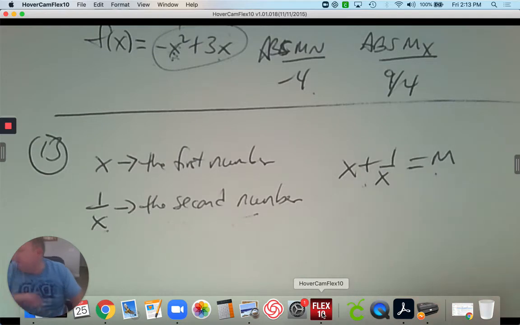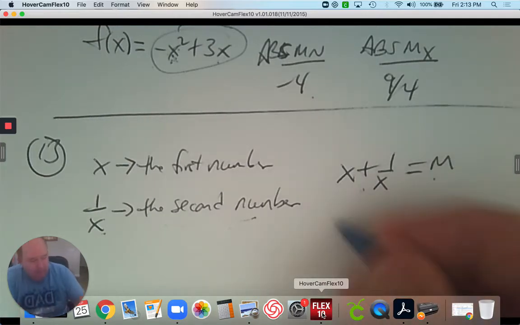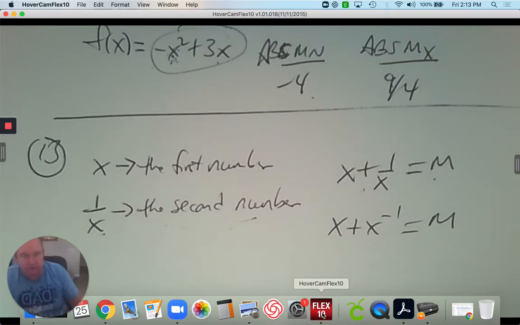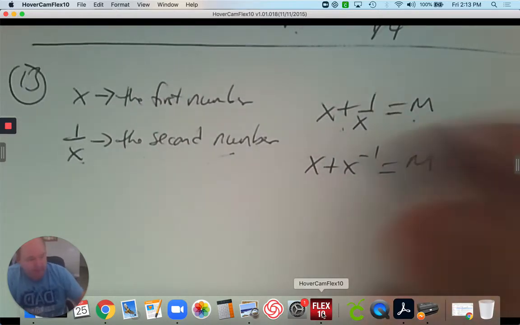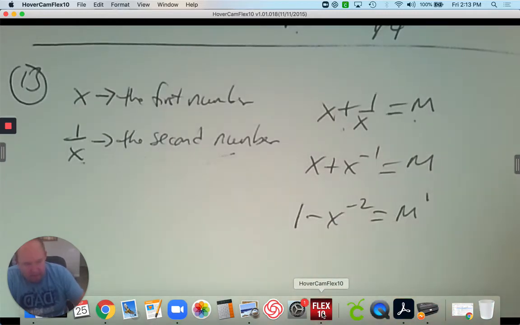And then I'm going to solve that. So I'm going to take the derivative. I'm going to first write it like this before I take the derivative. Then when I take the derivative, I got 1 minus x to the -2. That's the derivative.